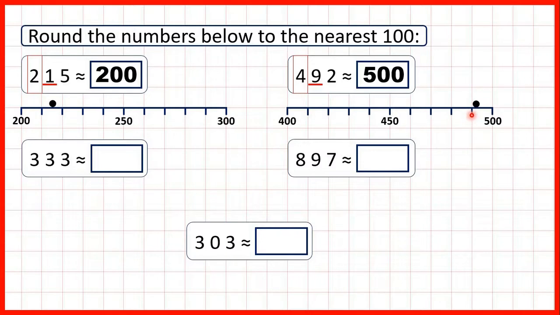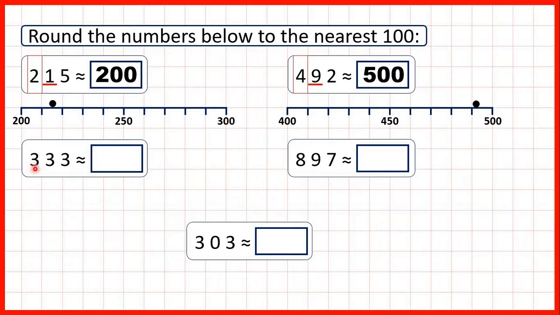So this line here is 490, so 492, just a bit more than that. But it's closer to 500 than to 400, so we're rounding up. And that's why, to decide whether we're rounding up or down, if it's to the nearest hundred, we need to look at our tens digit.